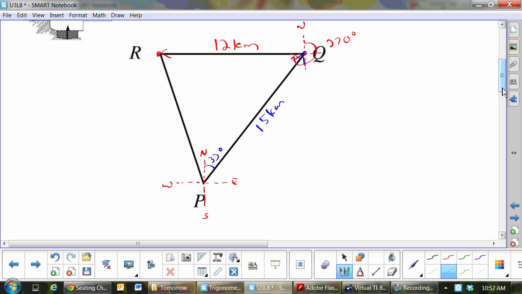Now, the reason why the notes are going to take a little bit longer today is because we are going to think about it. I should apologize for that in advance. But I do want people to think. If we look at our little thing, I need to solve for Q, and I need angle R. So this is what I need.